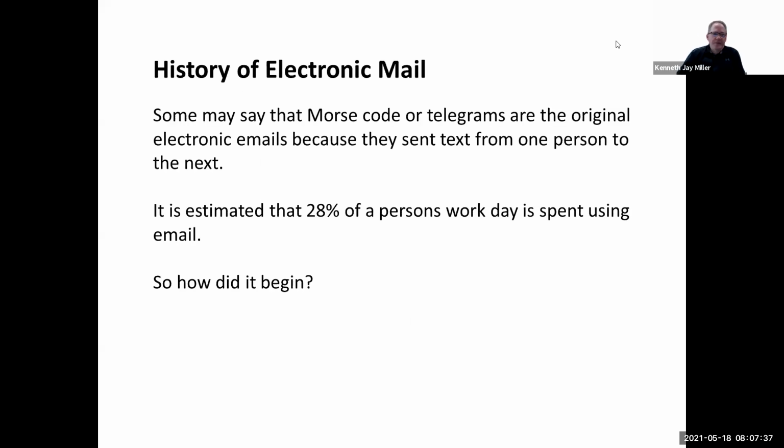Now, the history. If you do a quick internet search for the history of electronic mail, you may get some information that's different. I chose to say that some people say that the Morse code or the telegrams are the original electronic email because they really did send text from one person to the next.